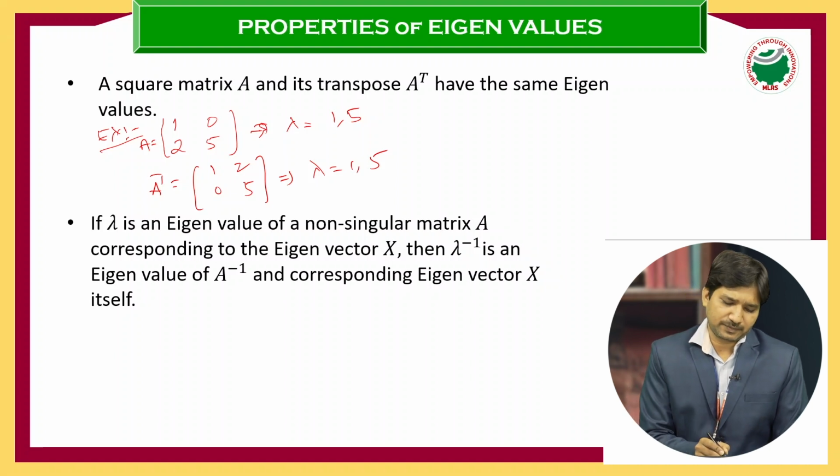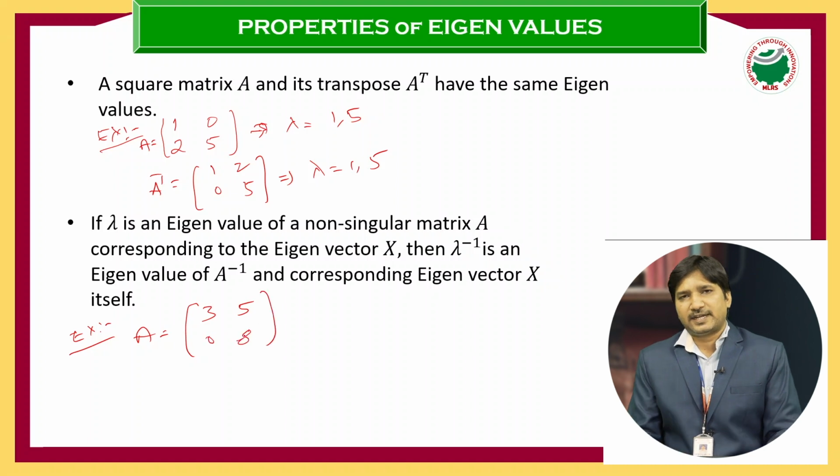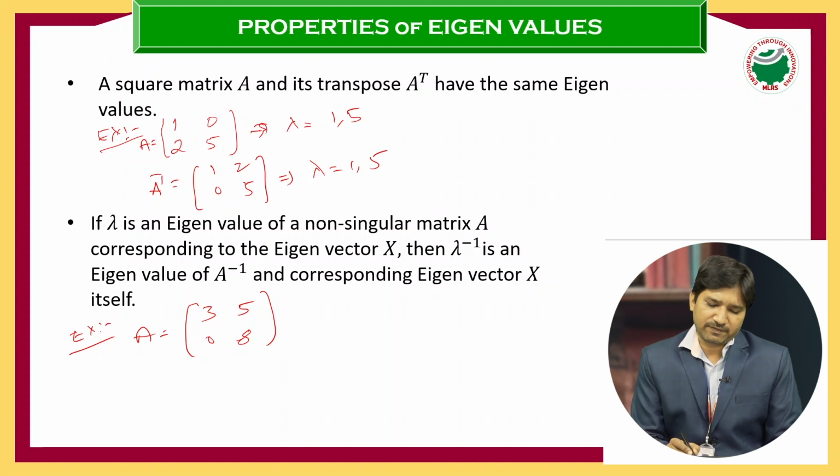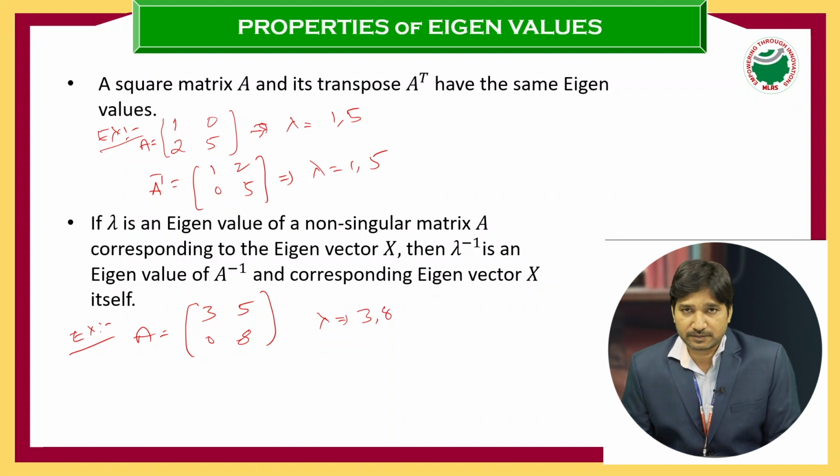So here also take one example, a 2 by 2 matrix. Let us take A equal to 3, 5, 0, 8. The eigenvalues of the given matrix are 3 comma 8.